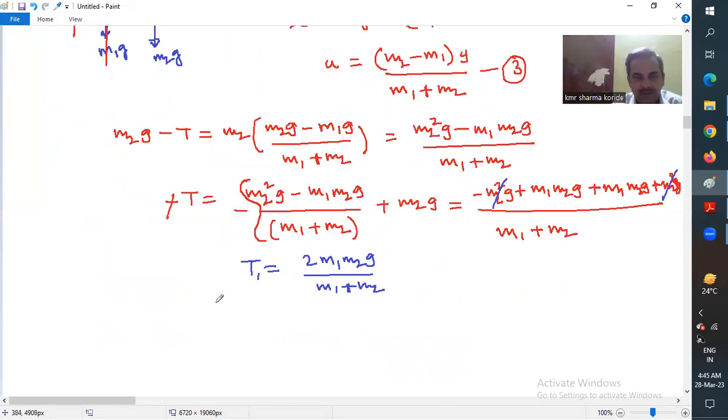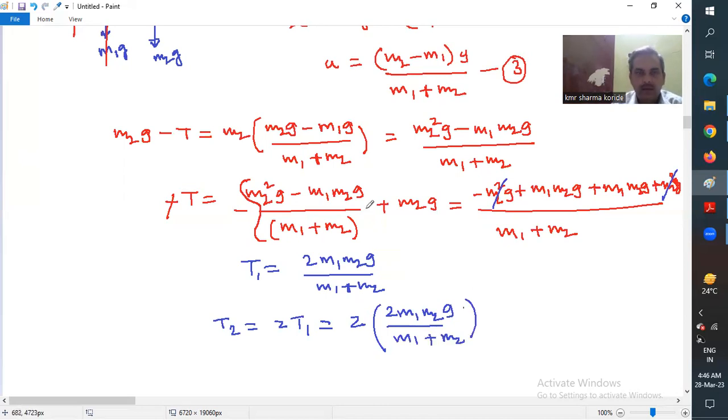Therefore, T2 is equal to 2 times T1, so 2 into 2 m1 m2 g by (m1 plus m2).